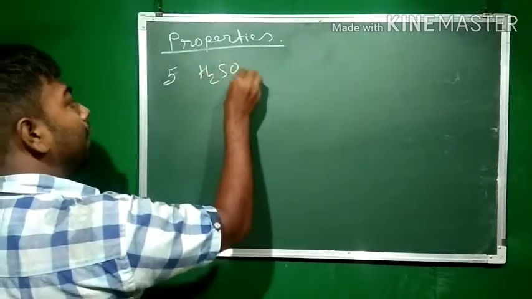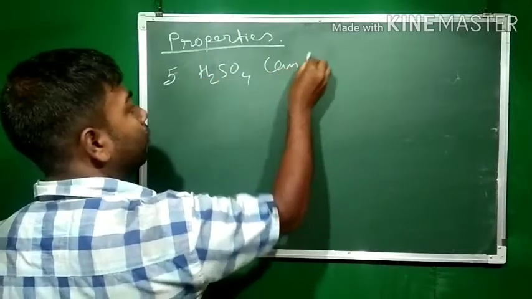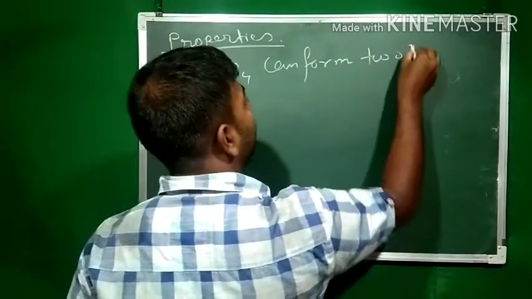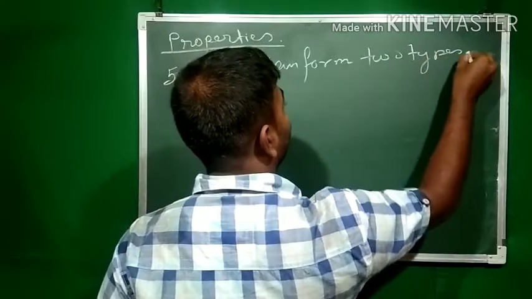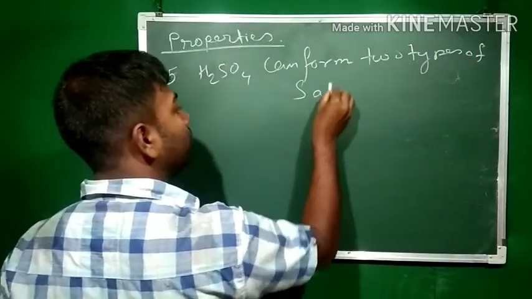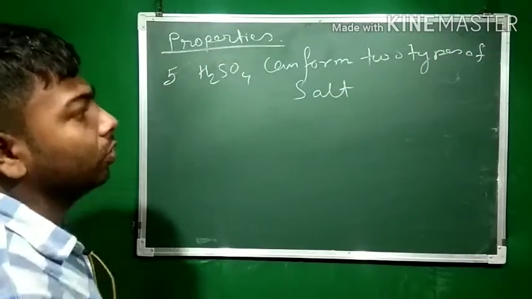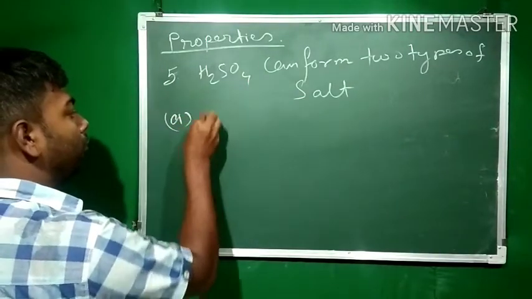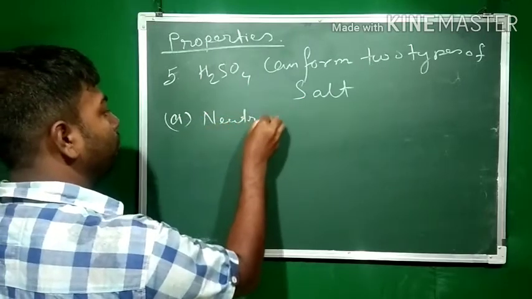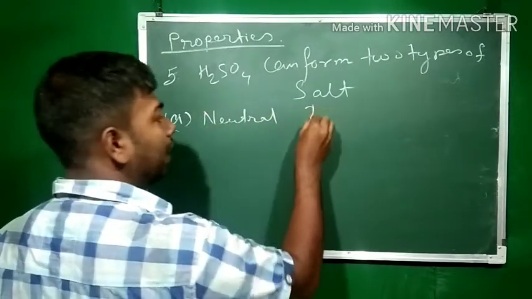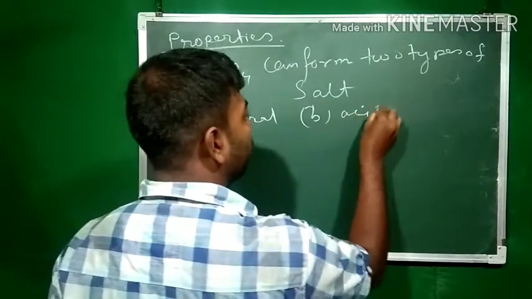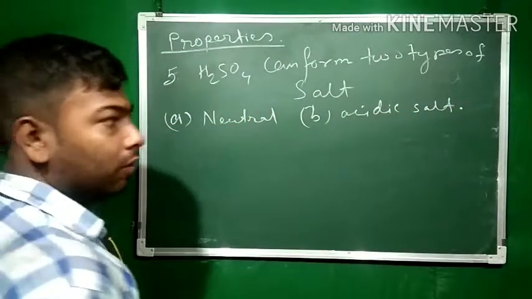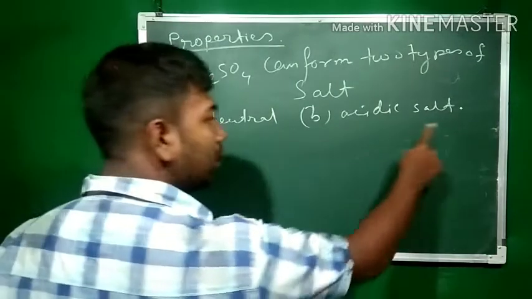H2SO4 can form 2 types of salts. One salt is neutral. The other type is acidic salt. First salt is neutral salt, second salt is acidic salt.